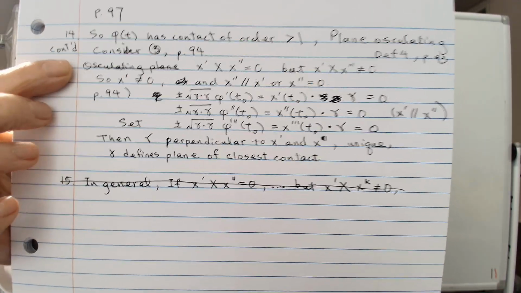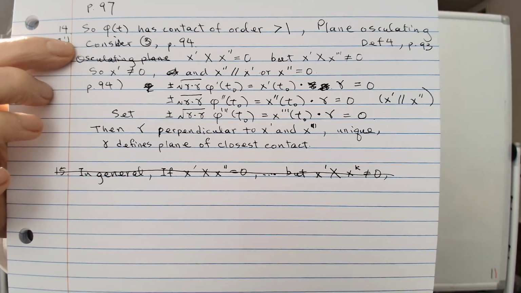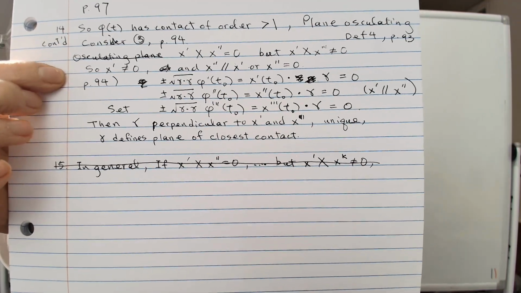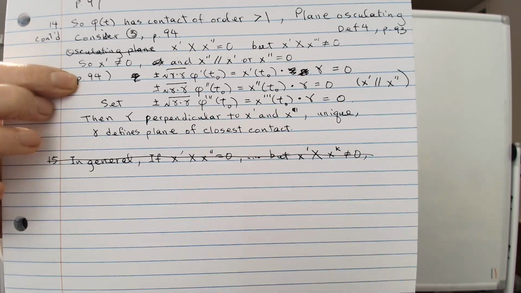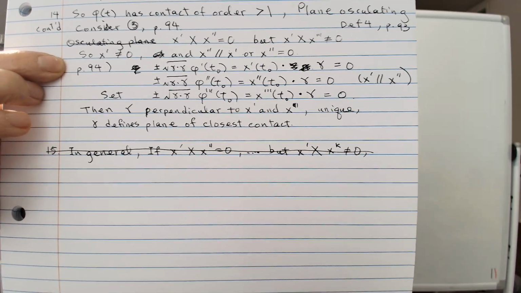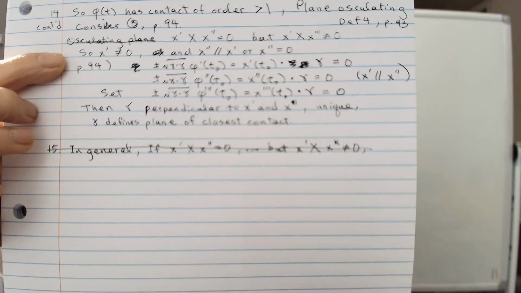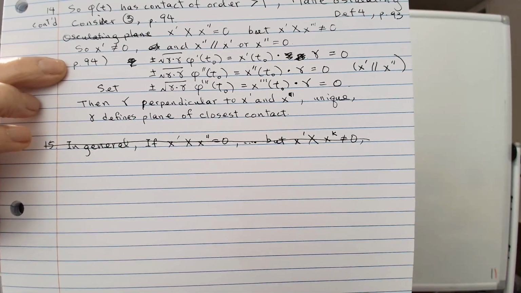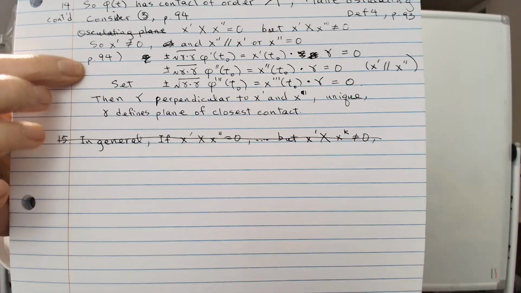And then the second part of the story, we're going to consider the proof on page 94. What happens is that with the situation given, x prime cross x double prime is equal to 0, but x prime cross x triple prime is not 0. So remembering that x prime must be parallel to x double prime, we borrow the formula from the proof of page 94.